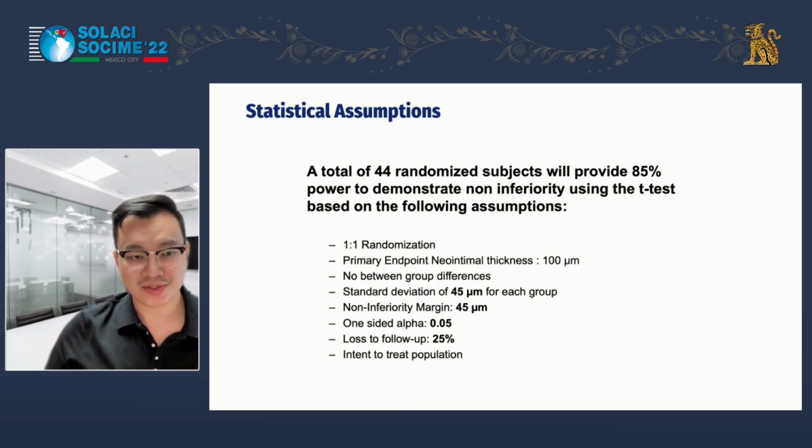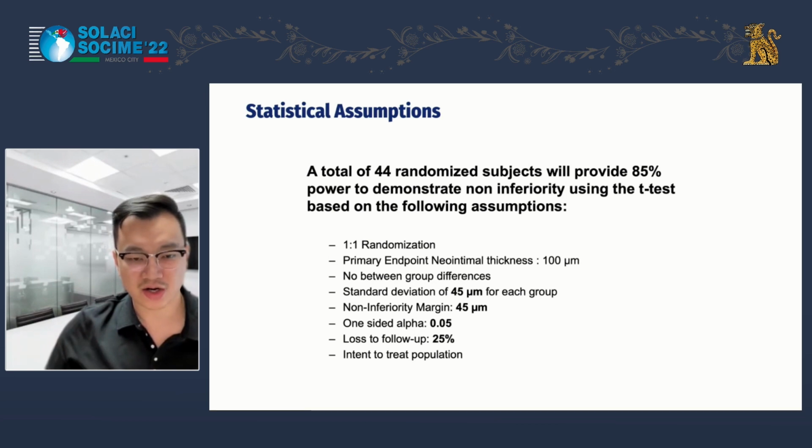The trial was a one-to-one randomization based on previous literature. The primary endpoint of neointimal thickness was expected to be 100 micrometer, and the standard deviation was assumed at 45 micrometer for each group.